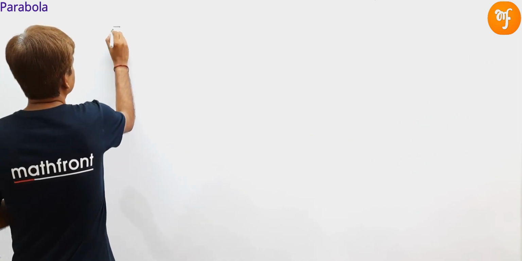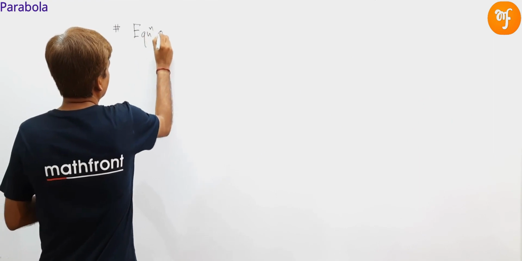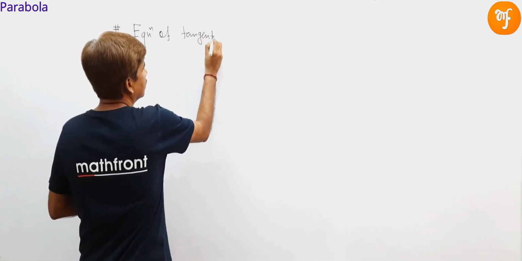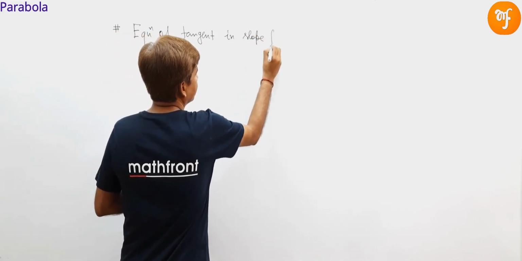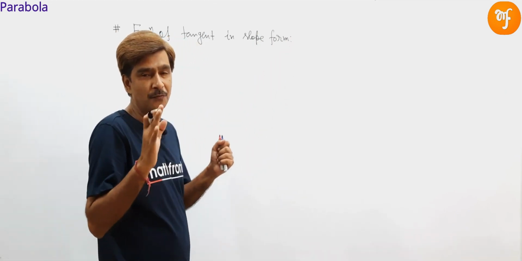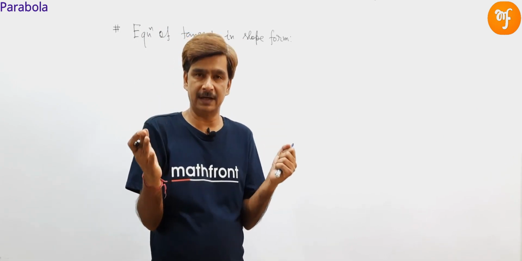So the first point is equation of tangent in slope form. As we know, the slope form means the slope of the tangent is given.